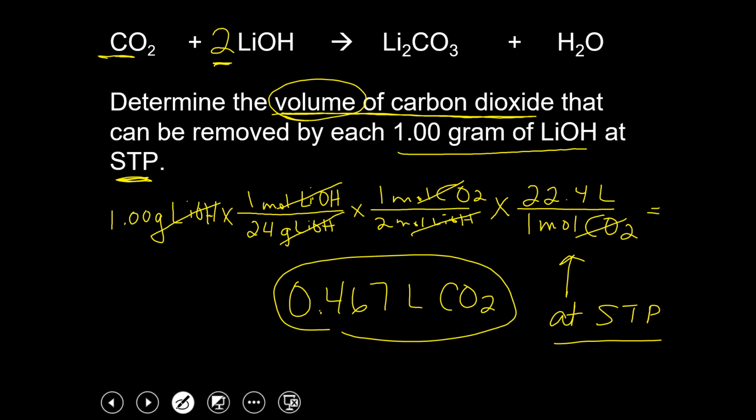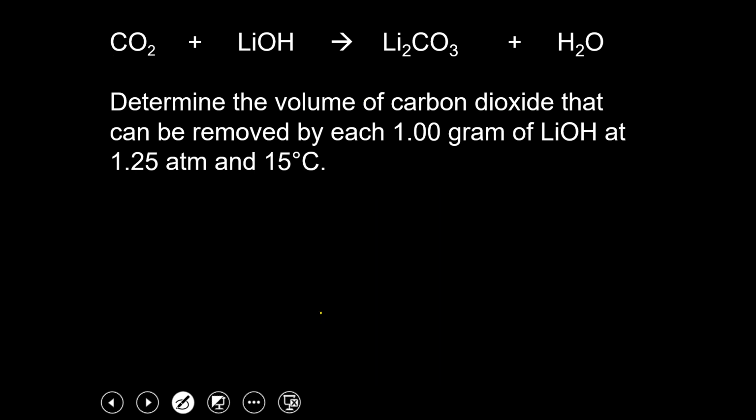Now that's a review. We did problems like that 2 units ago. You guys were actually very good at stoichiometry. I remember that being a really good unit. But if you take a look at the next slide, you will see that it is pretty much the same question, except now the carbon dioxide and all of these reactants and products are not at STP, they're at these conditions.